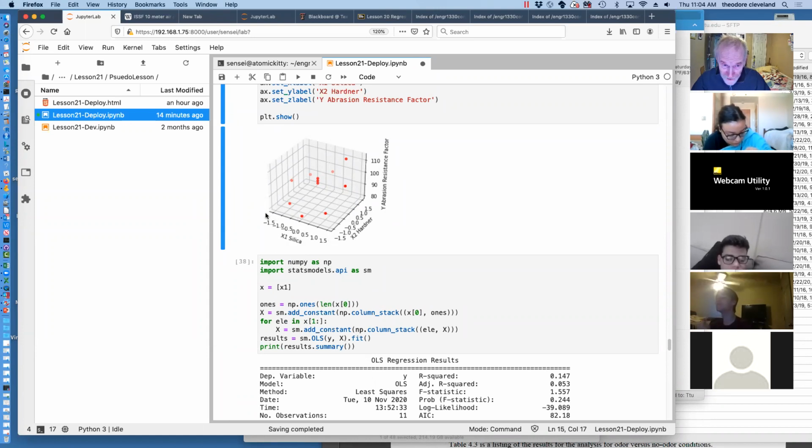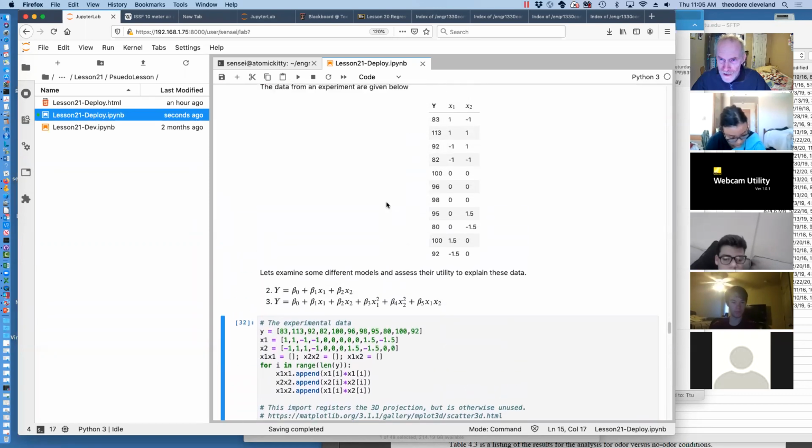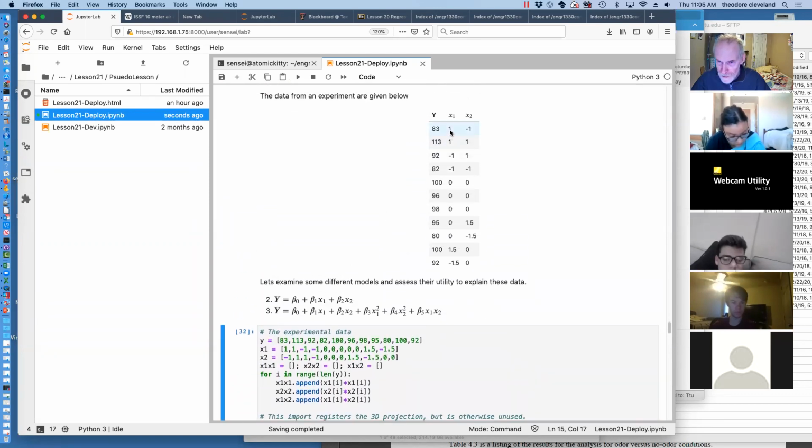On this axis here is our x1 axis that represents our silica adjustments. This axis here, our x2 hardener axis. So this entire plane down here, plane, like a 737, is the x1, x2 plane. And if we look in our original data, our values of x1 go from 1 to minus 1.5.